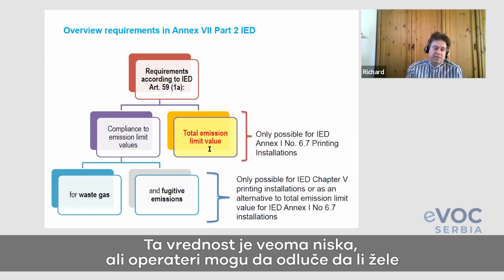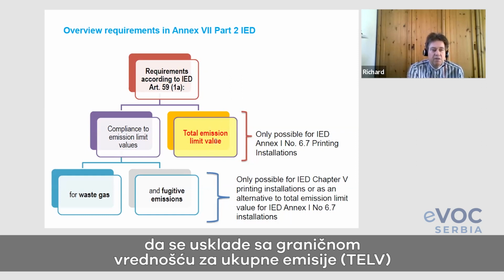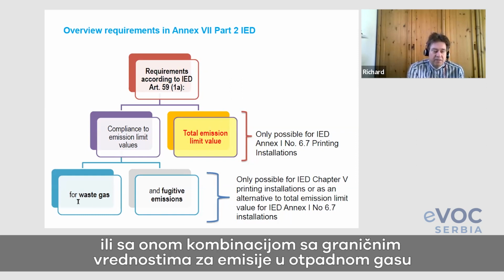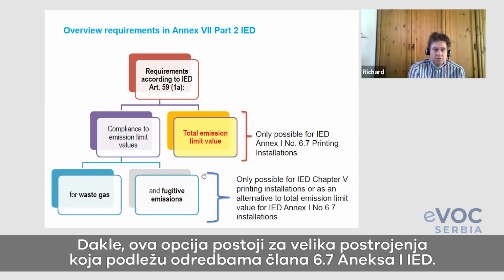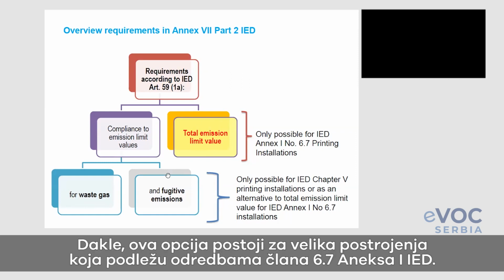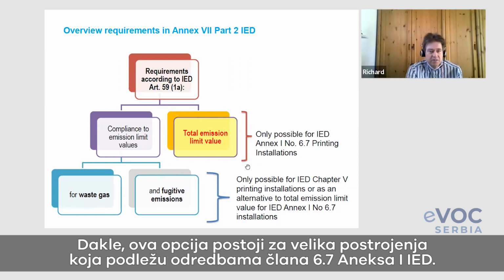And so the operators can decide if they want to comply with the total emission limit value or with that combination for waste gas emissions from stacks and fugitive emissions. So that option is possible for the large installations that fall under number 6.7 of the IED.